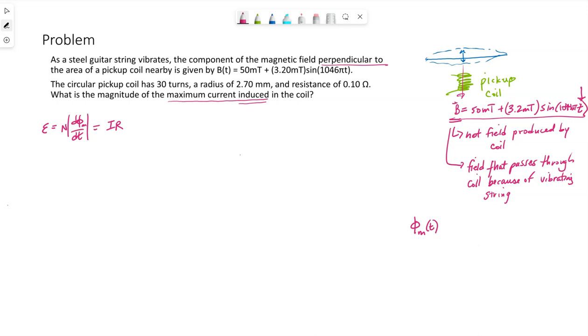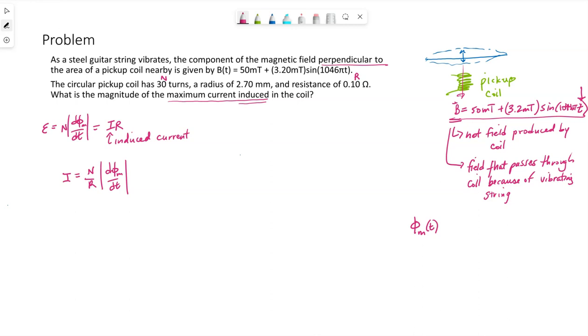If it has induced current, we multiply that by resistance, and that would equal the induced voltage. So this is our induced current that we are looking for. So we can write this as I is equal to N over R d phi dt. N is the number of turns, the 30 turns. Capital R, since that's my Ohm's law, is my resistance.